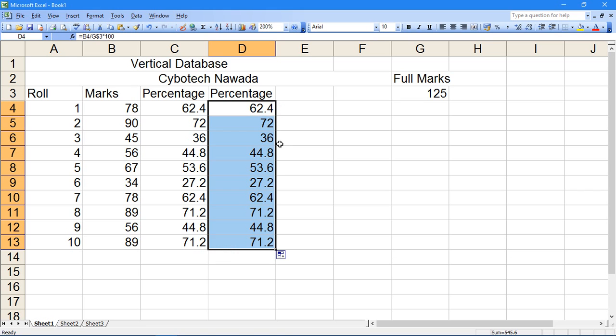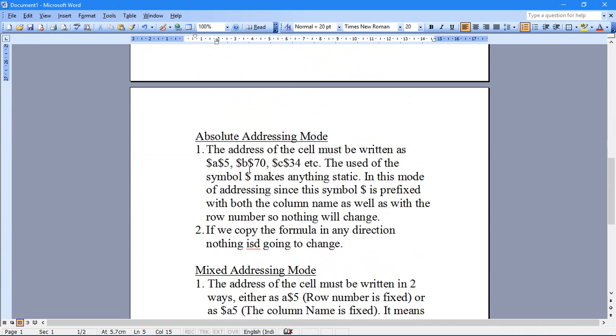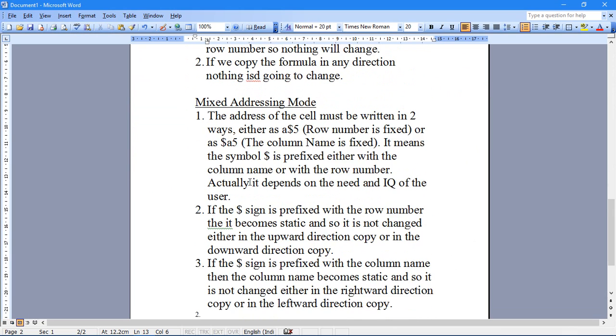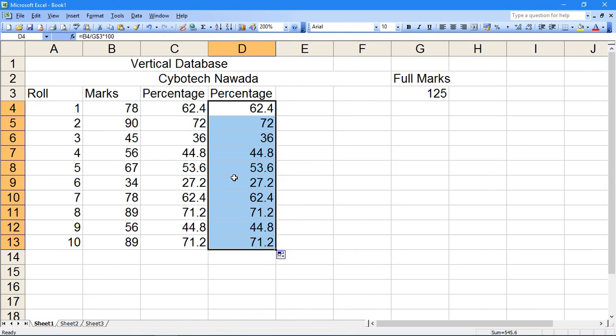So between the absolute addressing and the mixed addressing mode, you will have to choose. If the formula will be copied either in the downward or in the upward direction only, then the mixed addressing mode is perfect.